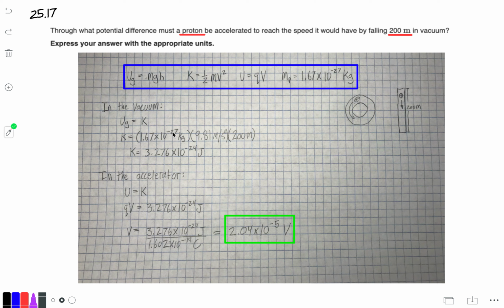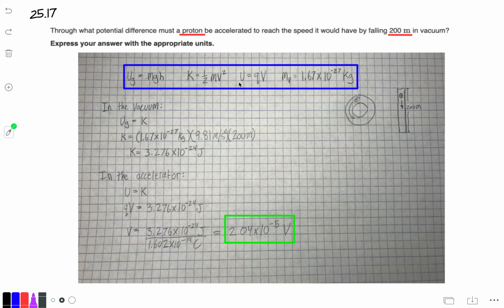So starting off with the problem here, we need to involve height. If we remember back to Physics 252, we have an equation for the gravitational potential energy, which is U_G equals mass times gravity times height. We also know that our kinetic energy is defined as 1/2 mass times velocity squared.